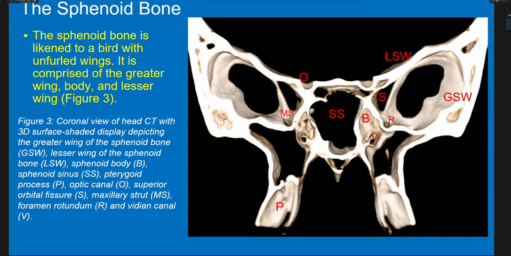You also have the inferior orbital fissure here and the rotundum, and it is separated by this bone, and you call that the maxillary strut.